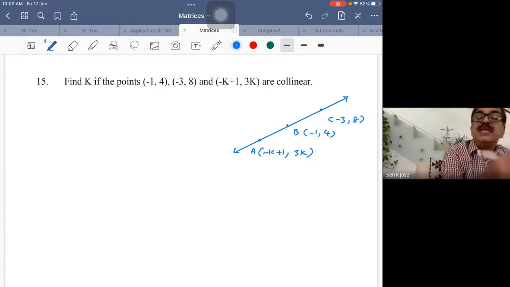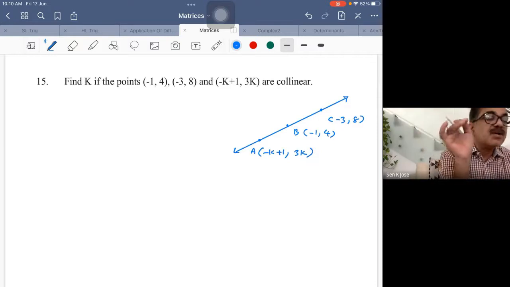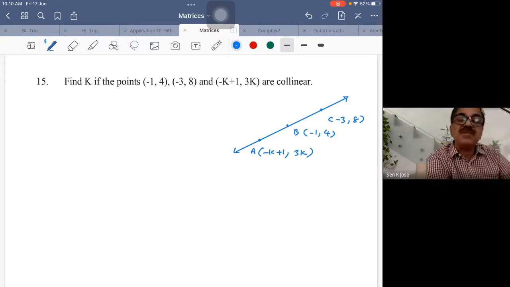The unknown point I marked first as my A, then I have my B, then my C. These 3 points are marked on the same line because they are collinear. Now, if the 3 points are on the same line, can we make some connection between this and what we just learned, the area of a triangle? Can we figure out some relation here?